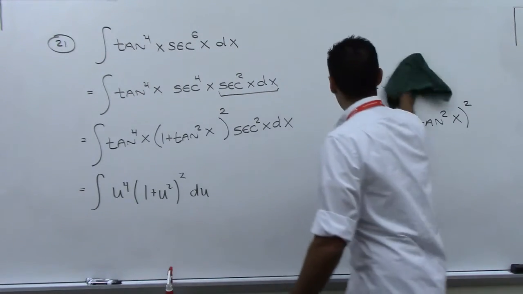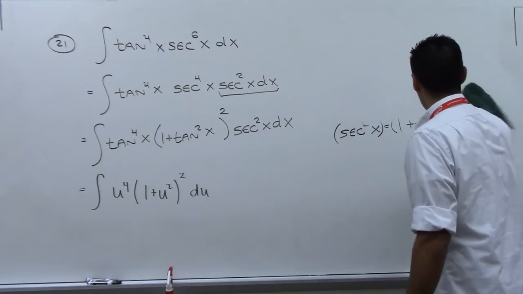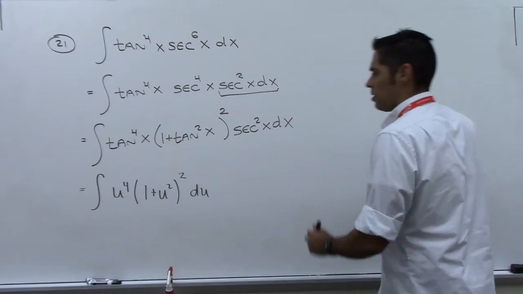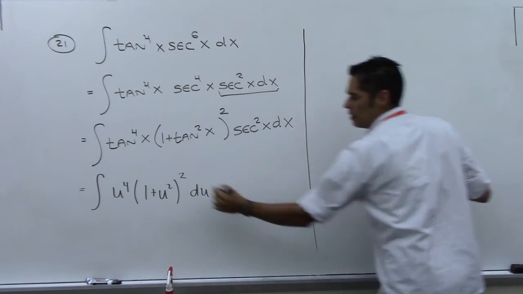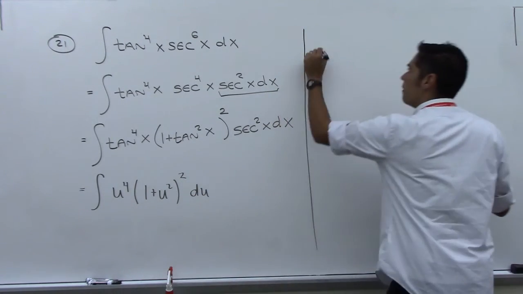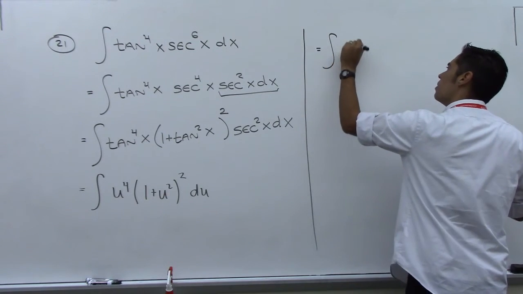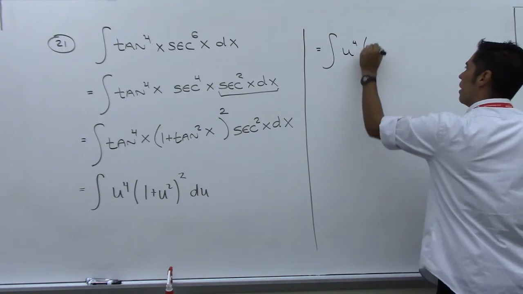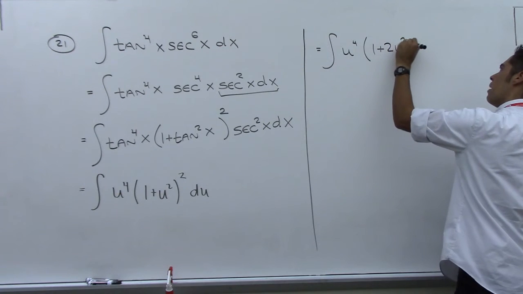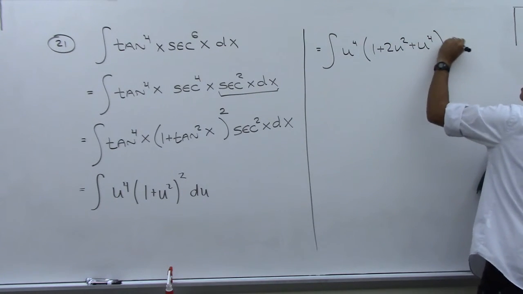And that one right there, we should be able to handle because it's polynomial. So let's expand this out. Integral of u to the fourth times 1 plus 2u squared plus u to the fourth.